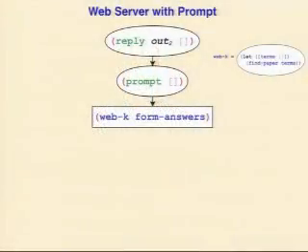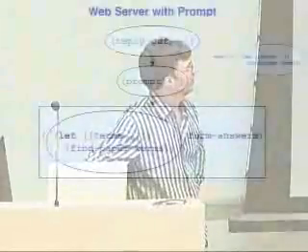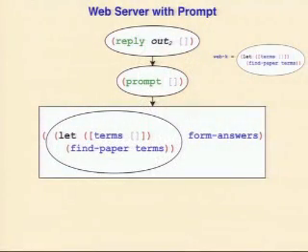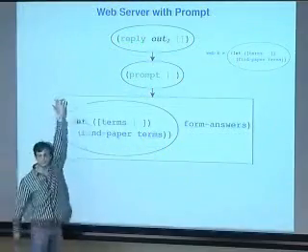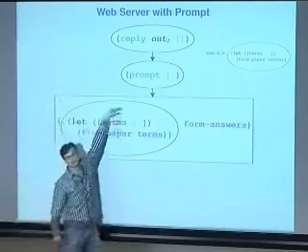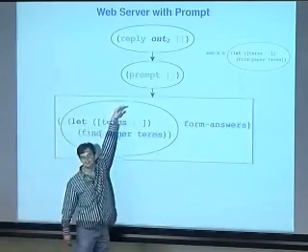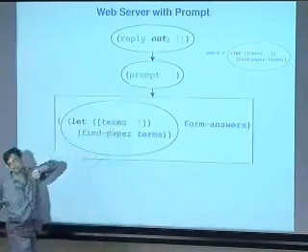Okay? And then this time, when we get that second request, the one with the answers, when we do the dispatch, again, it's going to say WebK form answers, which again is going to apply the continuation. But this time, this continuation doesn't replace the whole continuation. It only replaces up to the prompt. And there's nothing actually between the prompt and the box, so it doesn't replace anything.